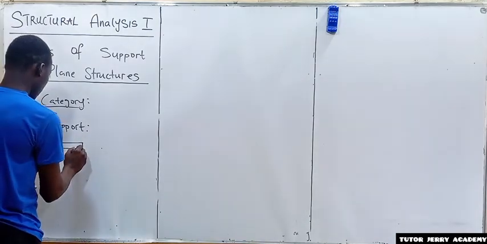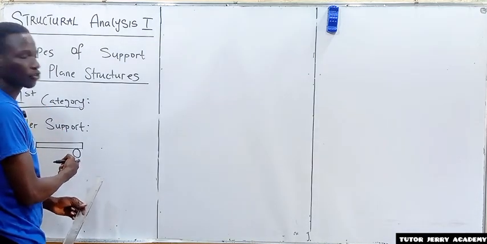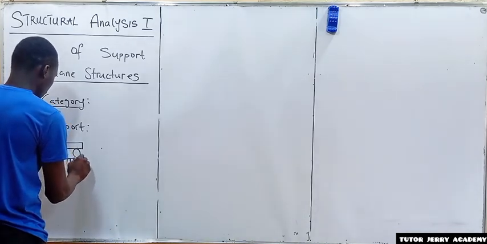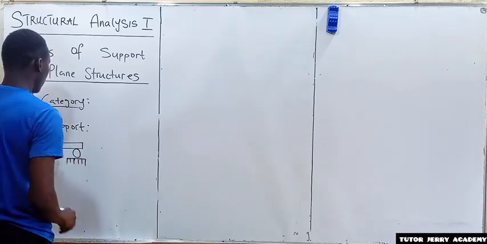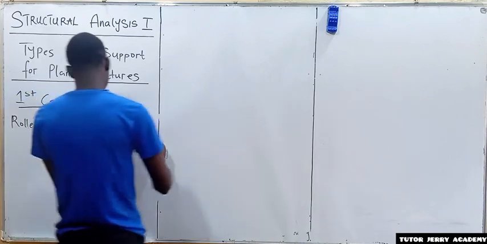Take note of this. This is a roller support. We'll have something of this nature. So this is the diagram of a roller support. Now this is its free body diagram.